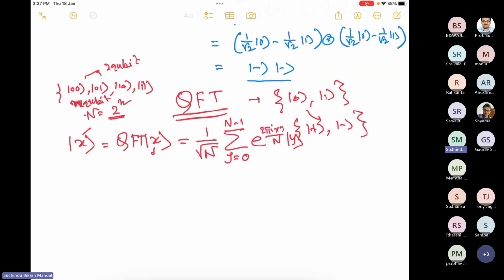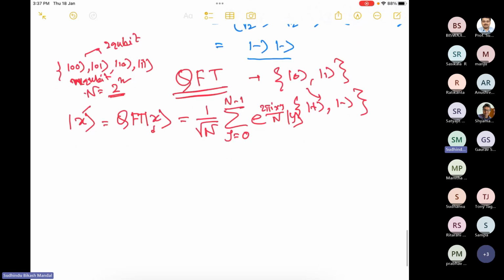But if I ask what will be the quantum circuit corresponding to this expression, we can't get any idea. We are not able to design it. I told you at the very first that still nowadays we have no compiler rich enough that you just write this expression and it generates the quantum circuit.